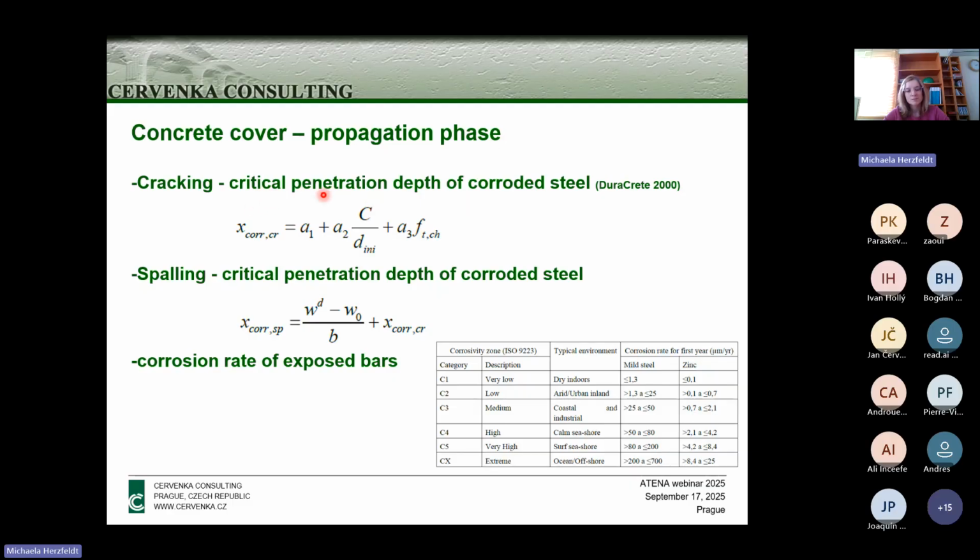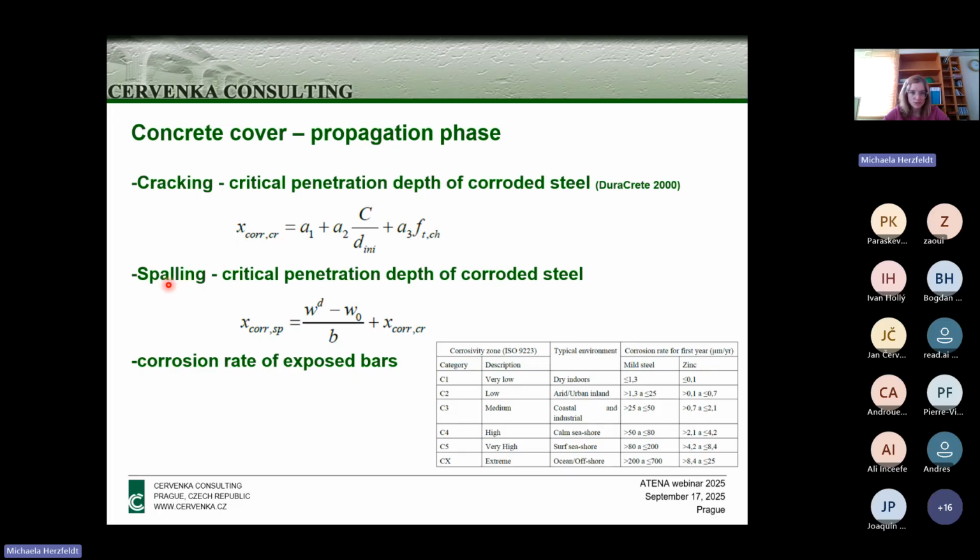So critical penetration depth for cracking is based on this formula where it's the concrete cover, initial diameter, and this is the characteristic split tensile strength for concrete, and these parameters are actually given from the Duracrete model.